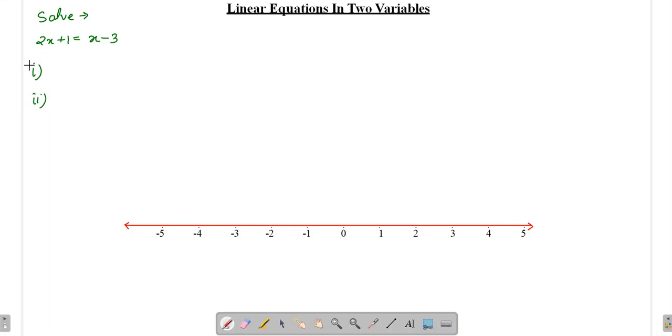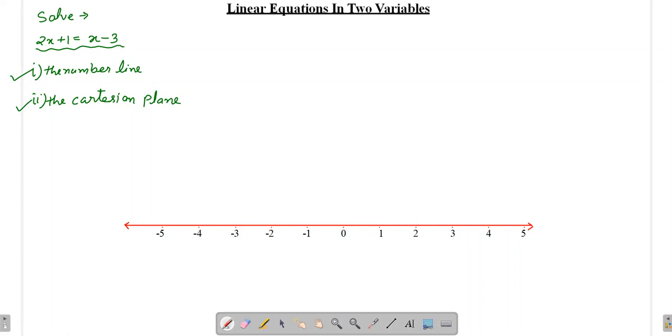The first one is on the number line, and the second one is in the Cartesian plane. So you need to solve this equation first, and then represent the solution first on the number line and secondly in the Cartesian plane.